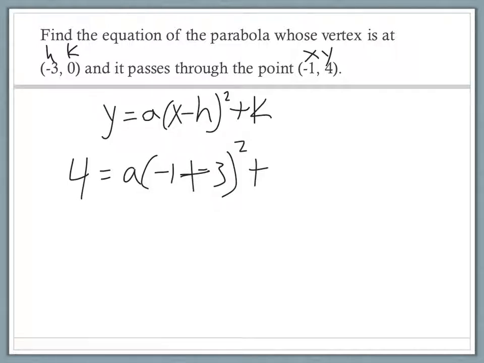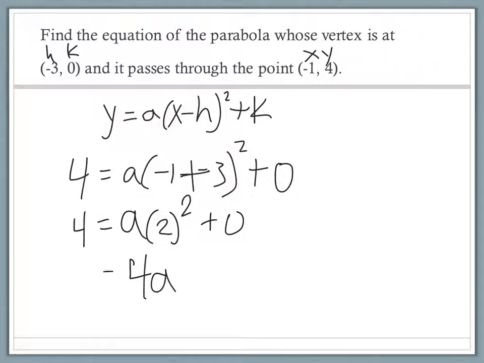Then plus 0. Now let's solve for a. So 4 equals a times, negative 1 plus 3 is 2, so 2 squared plus 0. We don't really need that plus 0, but 2 squared is 4, so 4 equals 4a. Divide both sides by 4, so a equals 1.